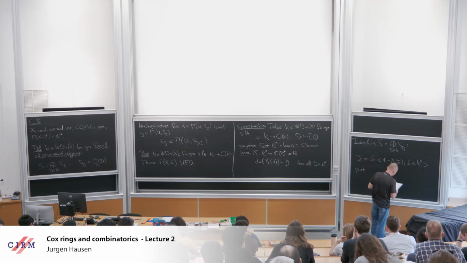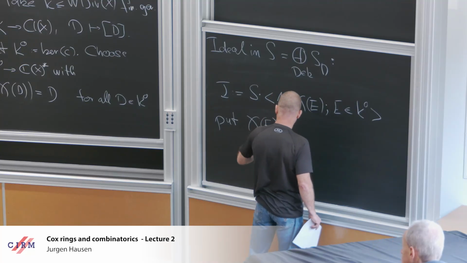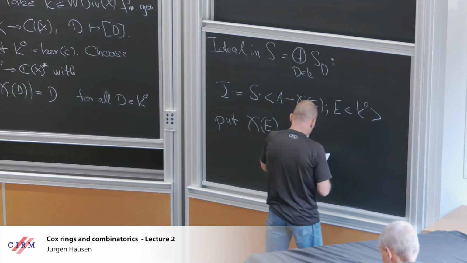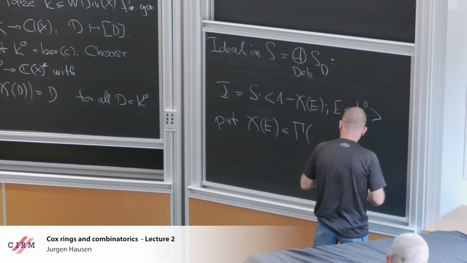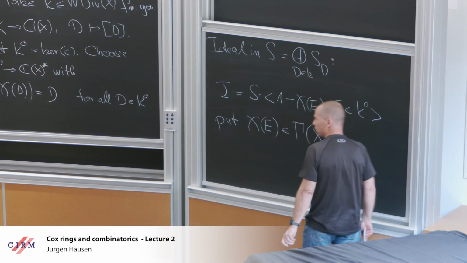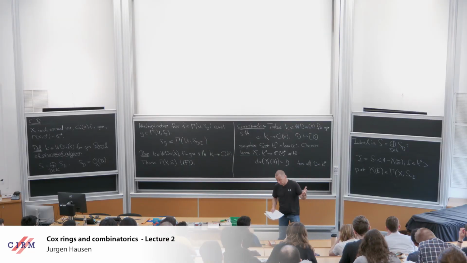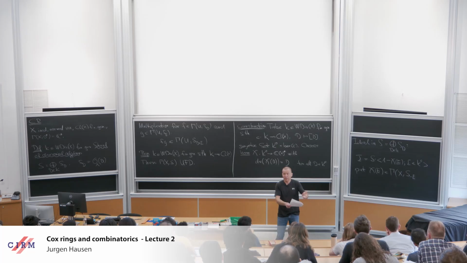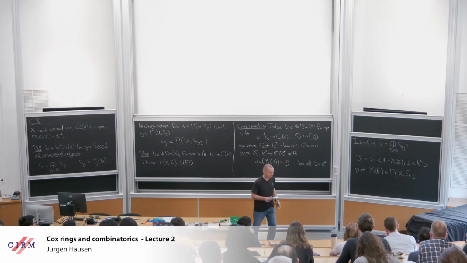What we always can do is regard this as a global section of S_{-E}. So if I take the divisor of this chi of D and the degree, at the end it is an invertible element, and that is what we want to get rid of, homogeneous invertible elements.